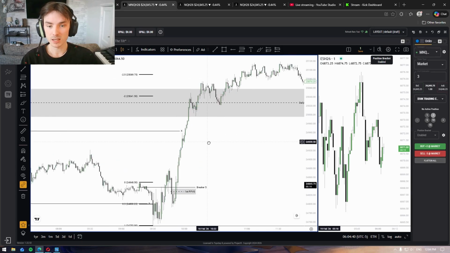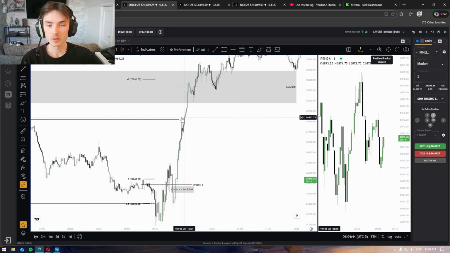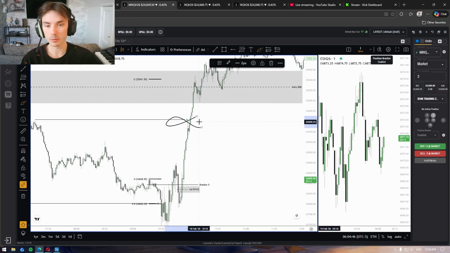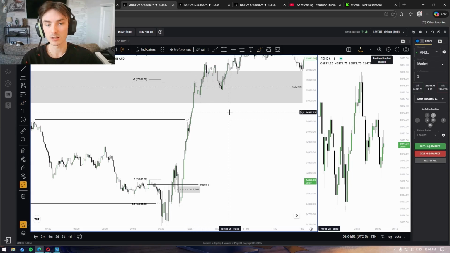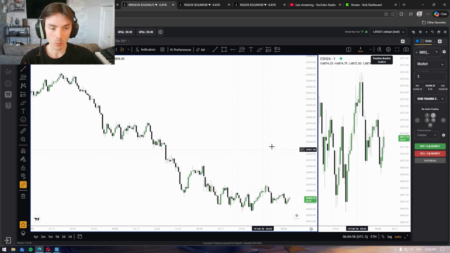Boom, buy side is taken, price just rips higher. So first partial will probably be here, and I wanted to see price come up into this daily CB, even the SD levels, which it did.